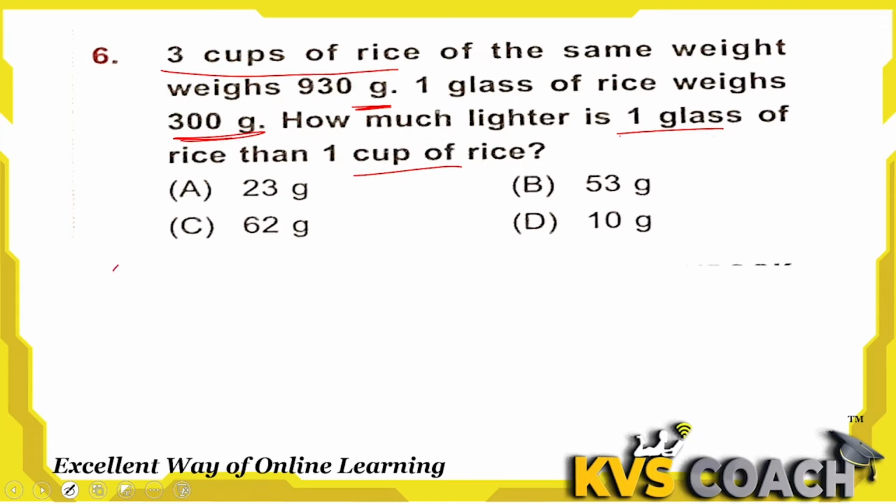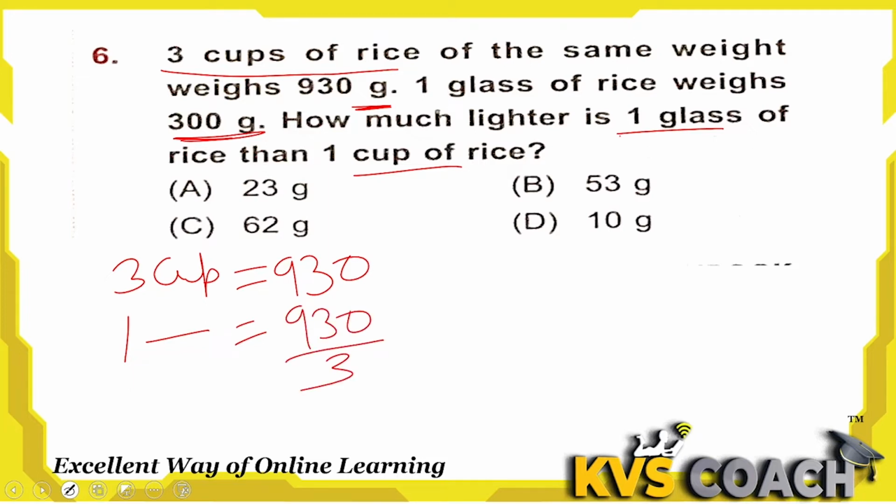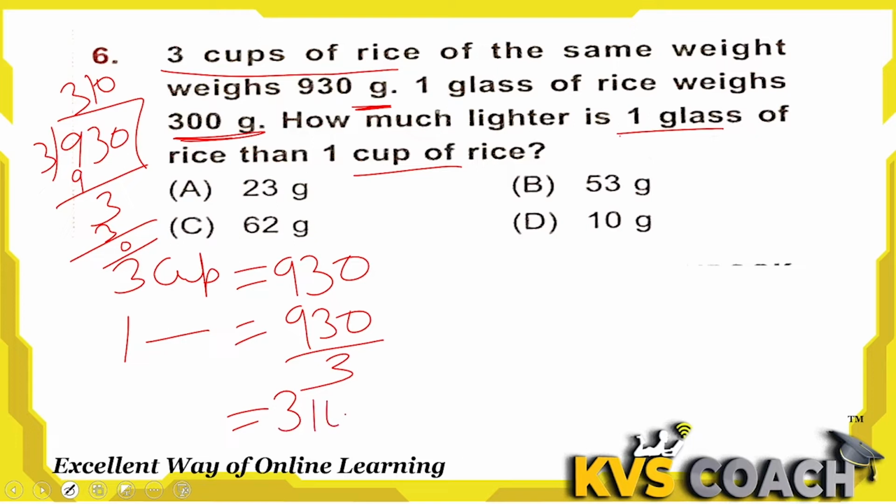So 3 cups have weight 930, so 1 cup has 930 divided by 3. Let's divide: 3 3s are 9, 3 1s are 3, and 0 goes there. So 1 cup has 310 grams, and a glass weighs 300 gram.